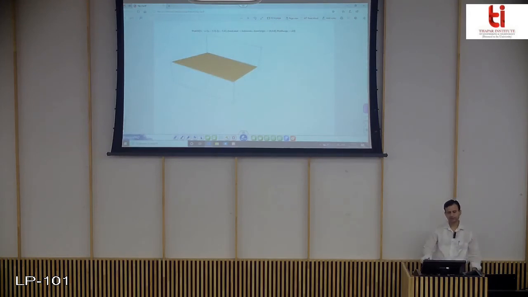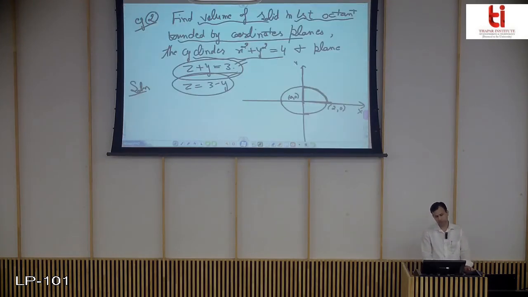So this is the surface, plane 3 minus y, and it is going from the 8th octant to the first octant in a slanted way. So it will cut that cylinder and coordinate plane and will go beyond that. So coming back to the question, since we have to find the volume, first of all we need f(x,y).